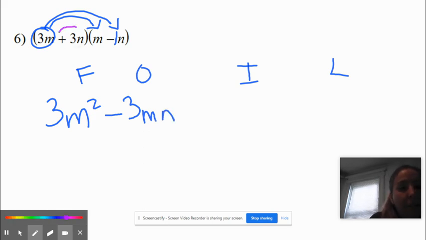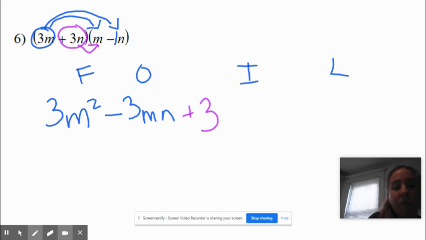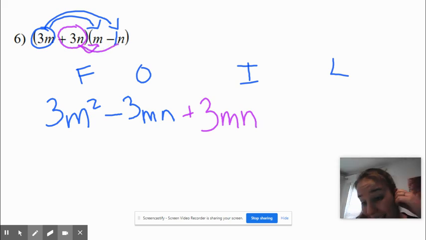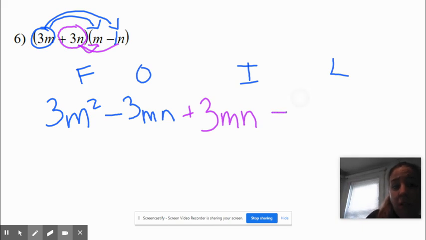Okay, now you can think about it, the inner terms. Positive 3mn, because we go alphabetically. Then positive 3n times -1m. Positive times a negative is negative. 3 times 1 is 3. N times n is n squared, or n to the second power.